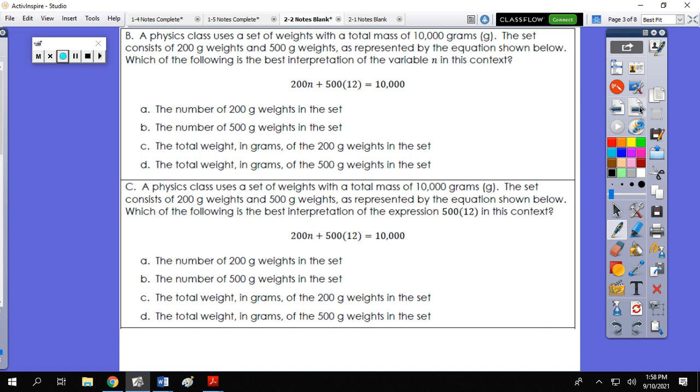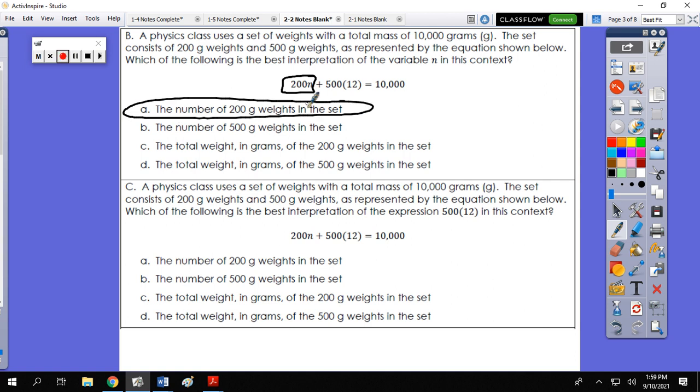Well, if you notice, the N is attached to 200, and this is basically a weight equation. It's saying 200 times that number of weights, 500 times the number of weights is the total weight of the set. So when we're looking at 200N, 200 is the weight, N is the number of 200-gram weights in the set.